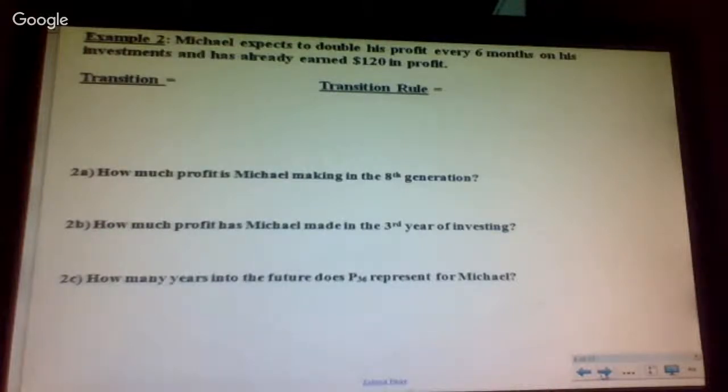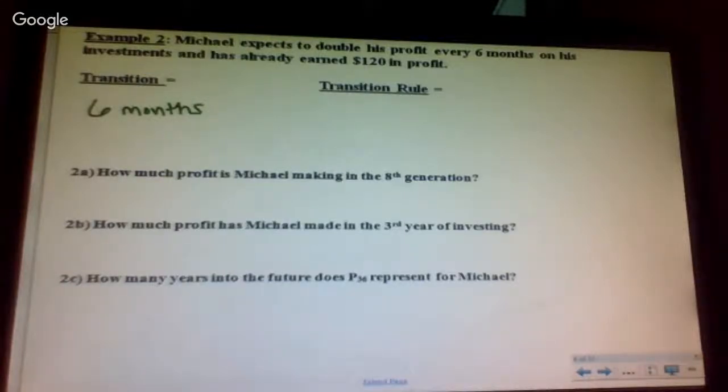Michael expects to double his profit every 6 months on his investments and has already earned 120 in profit. Transition, 6 months. Transition rule. What are we doing to my number every 6 months? Doubling it.